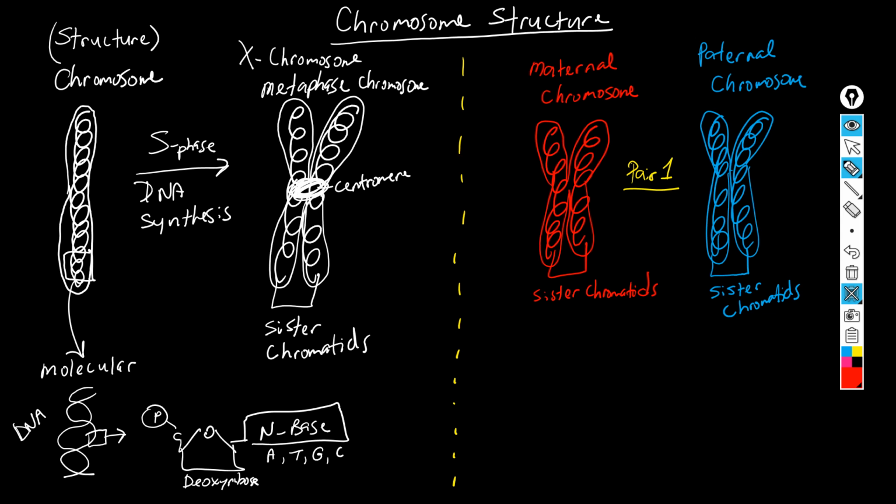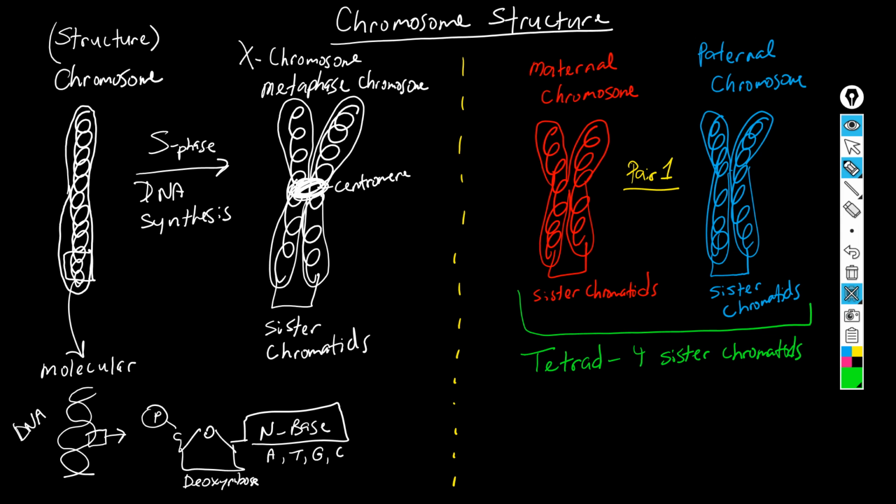And since we have a pair of sister chromatids here and a pair of sister chromatids on the paternal chromosome, we can refer to this whole thing as a tetrad, which consists of 4 sister chromatids.